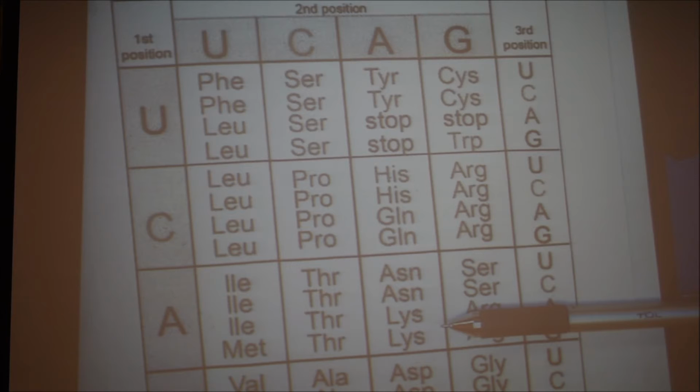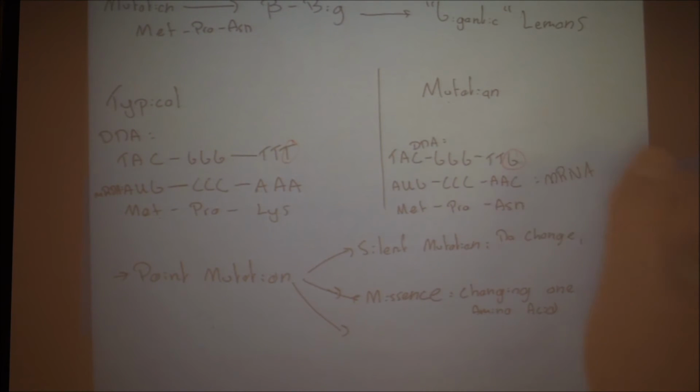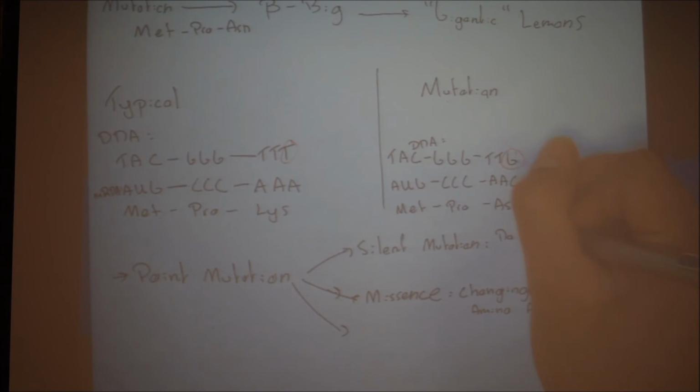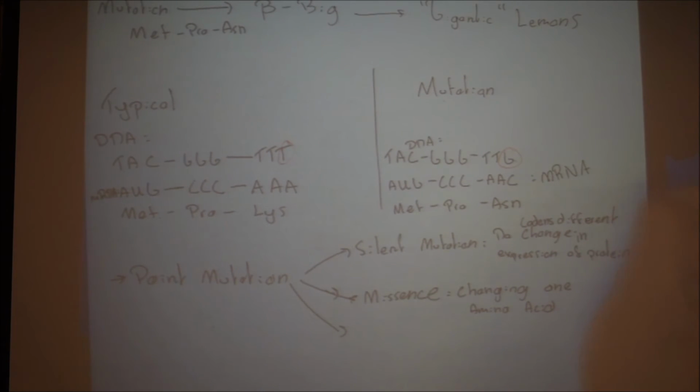So what's important to know about this is you can have different codons, but still get the same amino acid. So when you have a mutation that does not change the amino acid chain, no change, it's called a silent mutation. Okay, so we have our codons different. No change in expression of protein.